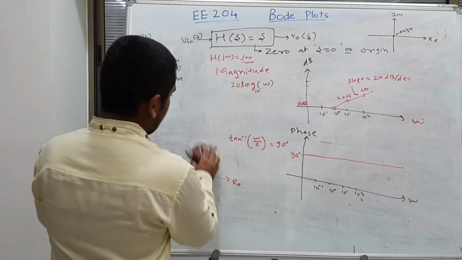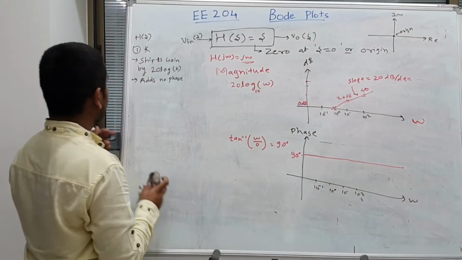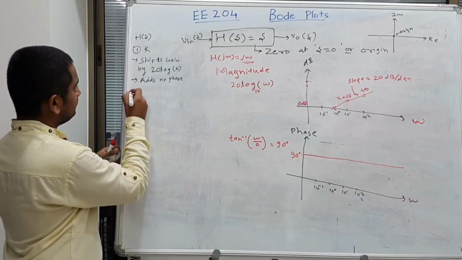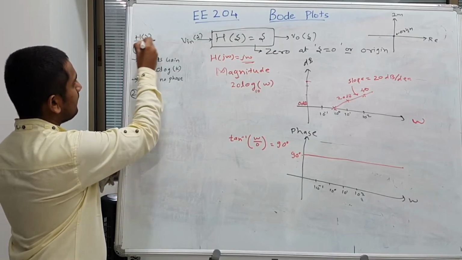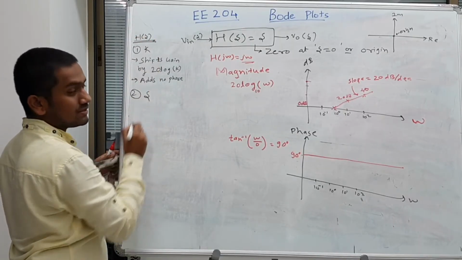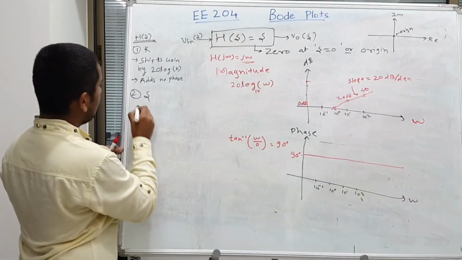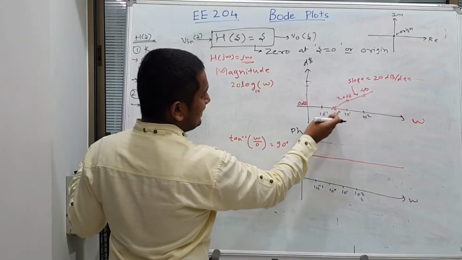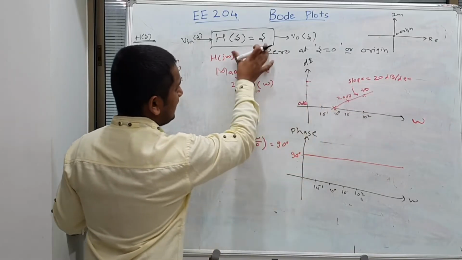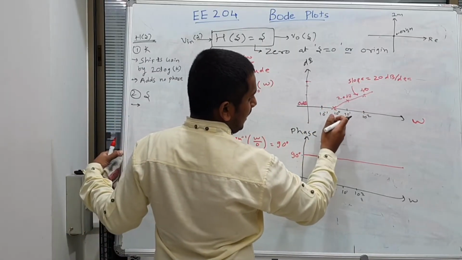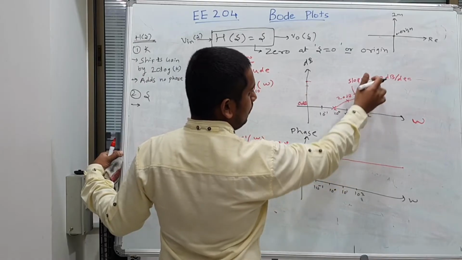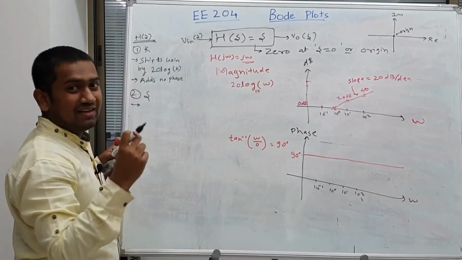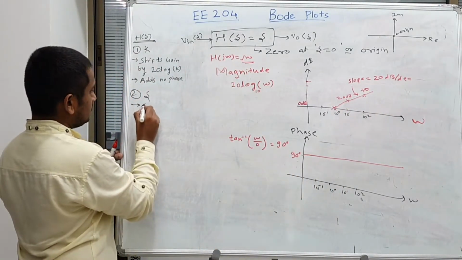Now write these two insights. When h of s is s, it increases the gain of a system with frequency with a slope of 20 dB per decade change in the frequency.